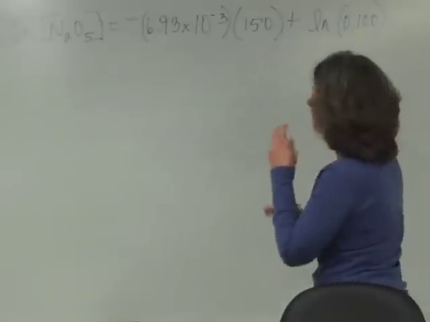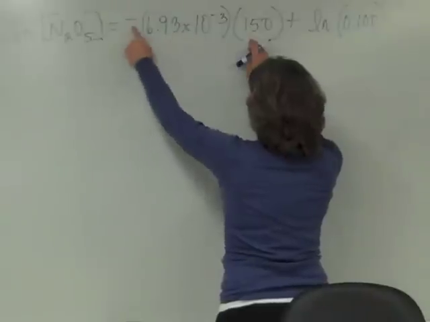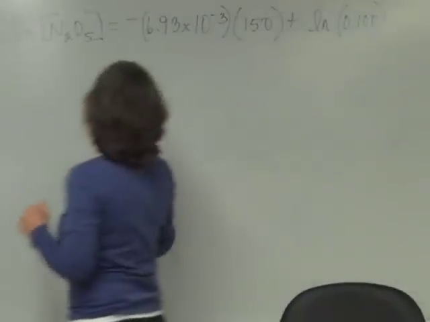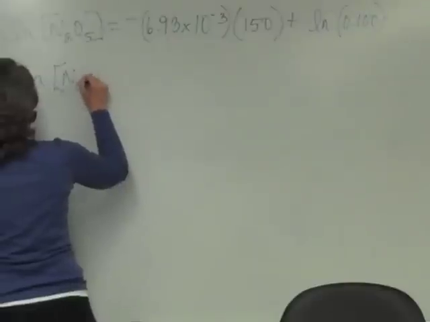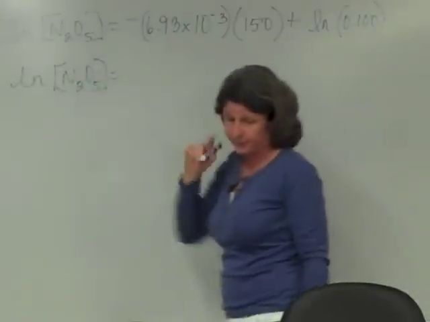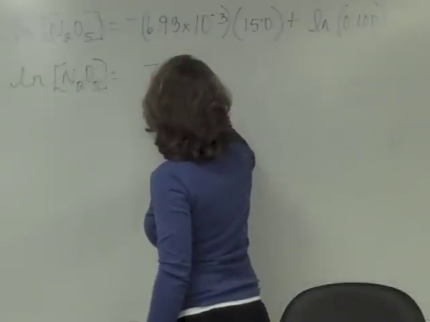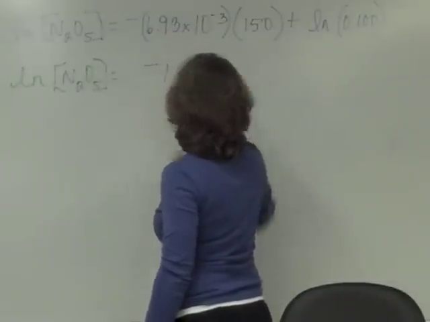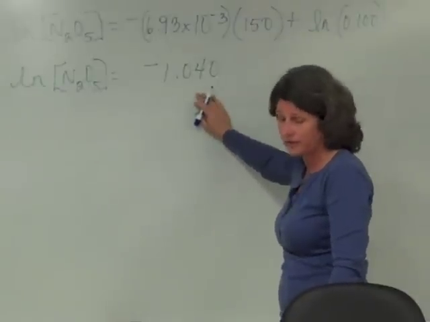Now, the product of this with its opposite, and I hope that you would do it on the calculator at home, is going to be negative 1.040. You should try this and make sure that this is what you get.